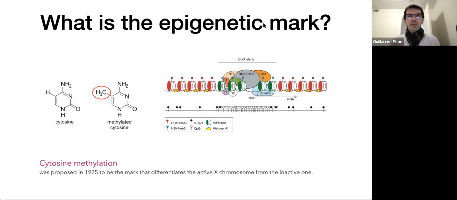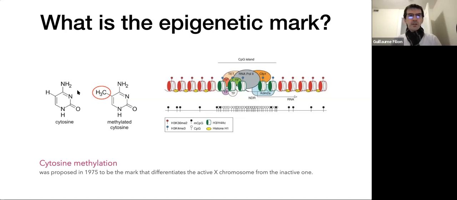And that mark is DNA methylation, cytosine methylation, something that we've seen before when we spoke about evolution. Cytosine methylation was proposed, again purely hypothetical, in 1975 by Riggs, to be the mark that differentiates the active X chromosome from the inactive one. Remember what cytosine methylation is.